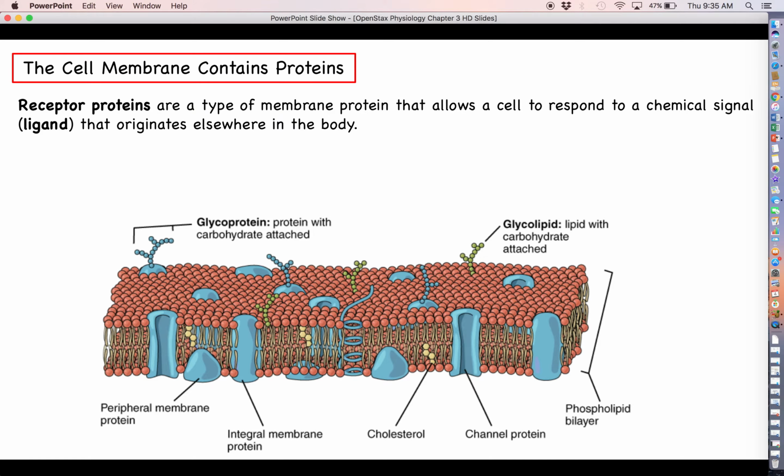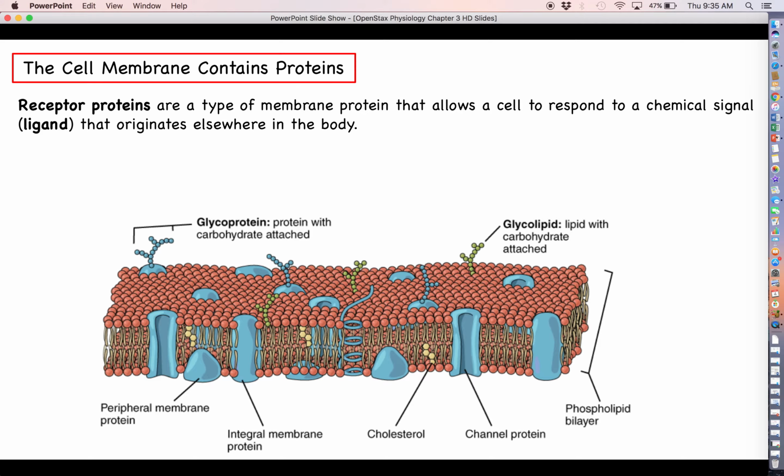So receptor proteins are basically how cells are capable of responding to input and output signals. So if you have a control center that is responding to an input signal that comes from a sensor, well, the input signal in some way is going to be some type of chemical messenger, whether it's a neurotransmitter that came from a nerve, or a hormone that came from the sensor.